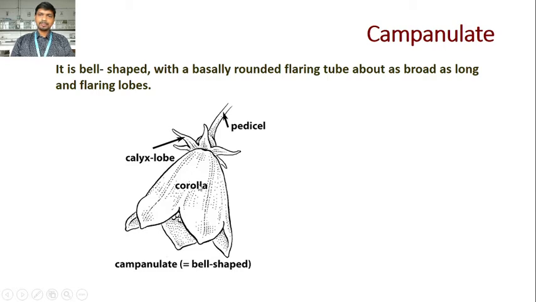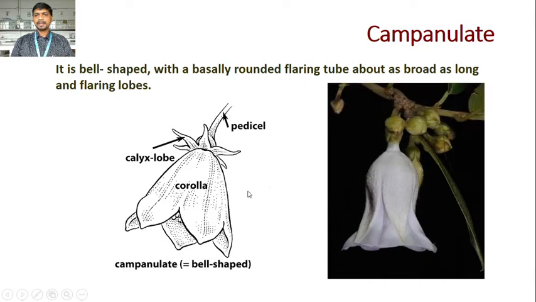It is as broad as long and has flaring lobes. These are the lobes which we clearly see here. So this corolla looks like a bell shape, so the name is the campanulate corolla. This is the picture of campanulate corolla.